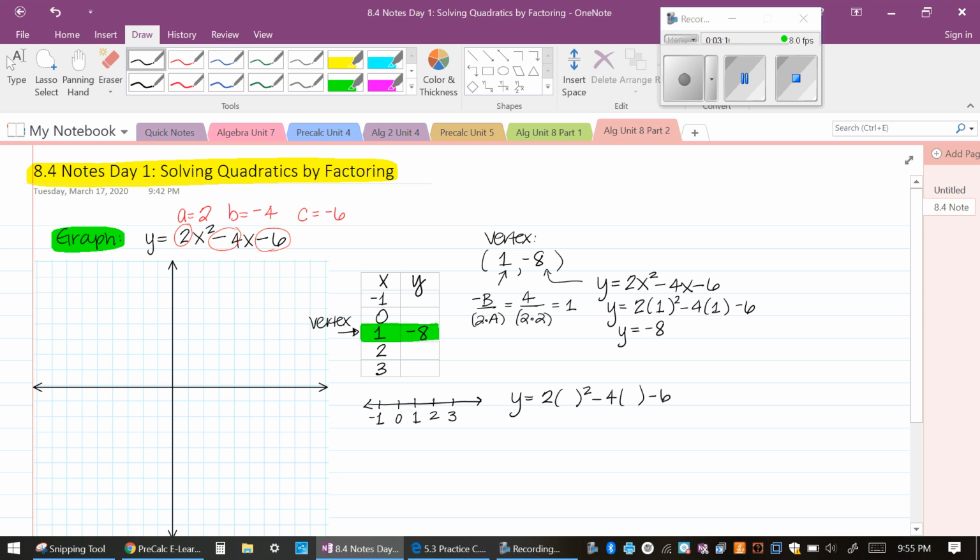So I want you guys to take your time and substitute those values of -1, 0, 1, 2, and 3 into the parentheses. So all these that are in the table, substitute them into the parentheses and find their partners. Please pause the video now. Unpause the video when you are done finding the y values that go with the x values.